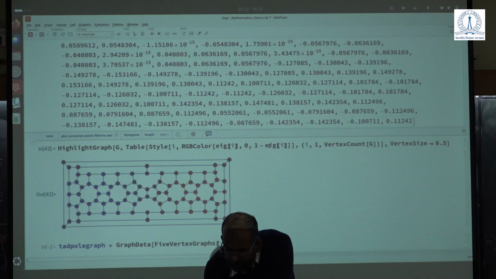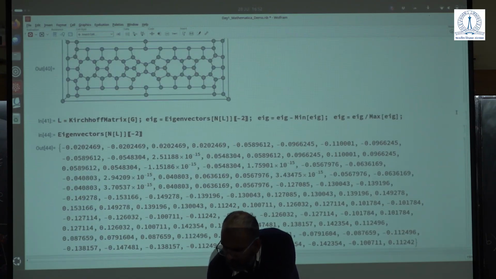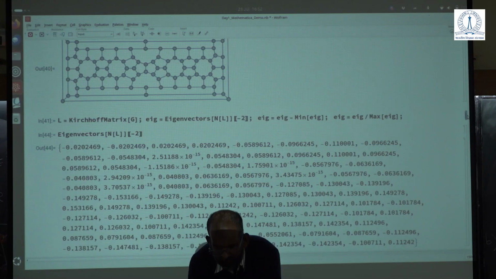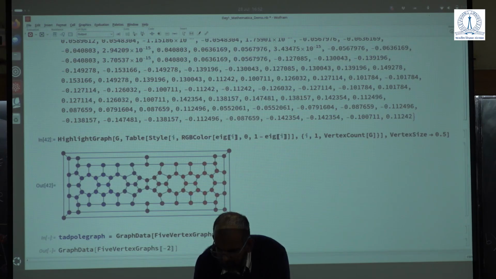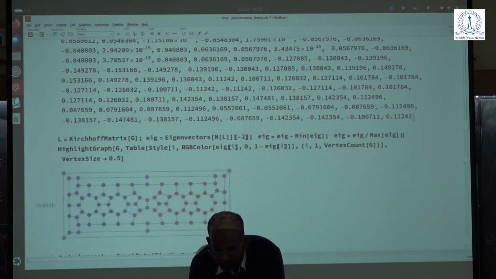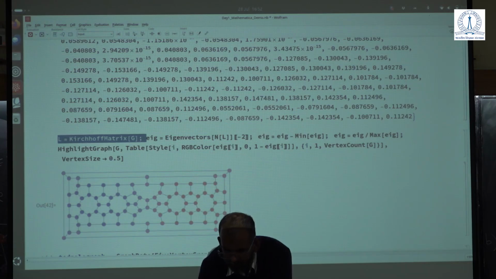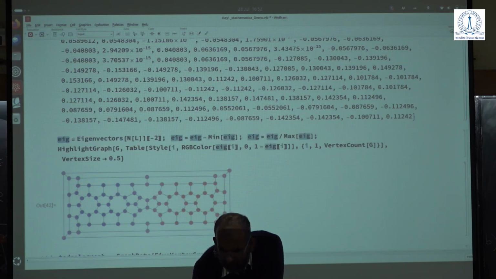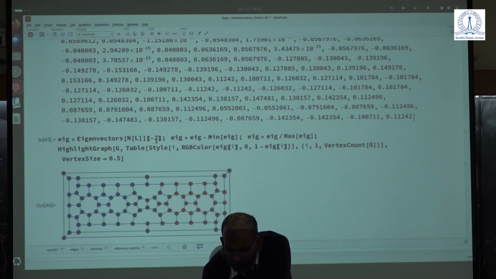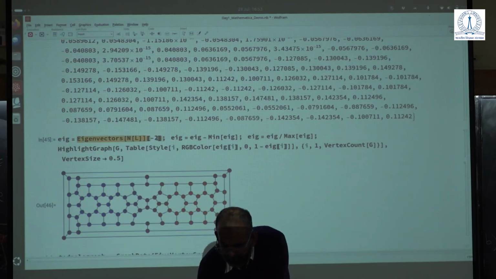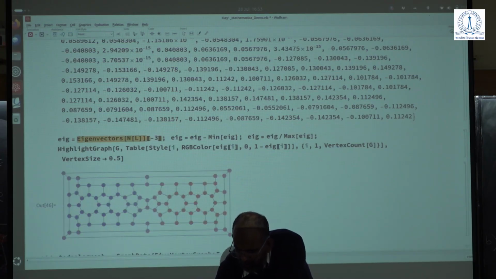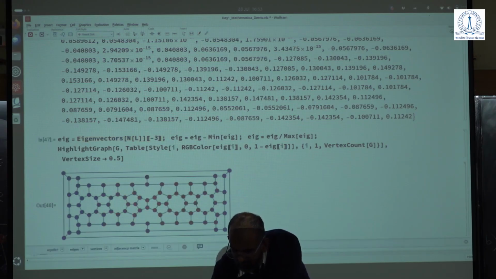Okay, but we can systematically go through this. L is already defined, right? So I'm just going to change this slowly. So this is the Fiedler vector. Now you see that signs are more or less the same. Let's go slowly over here.